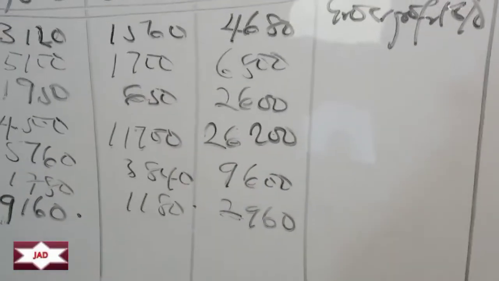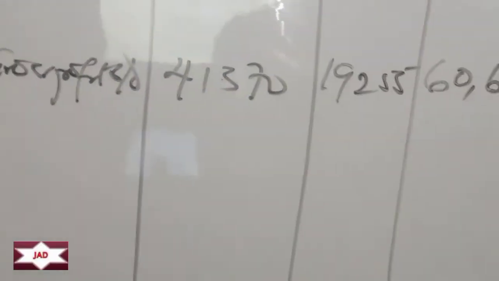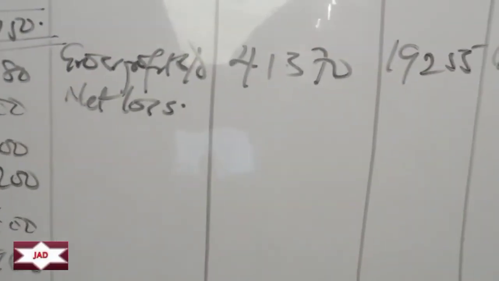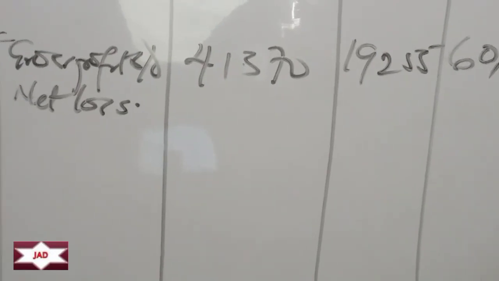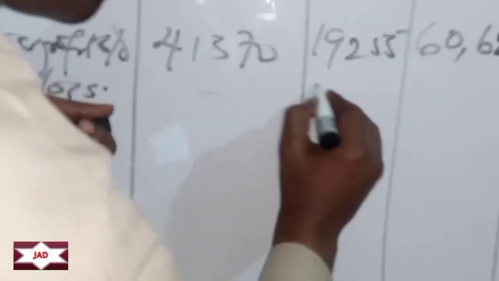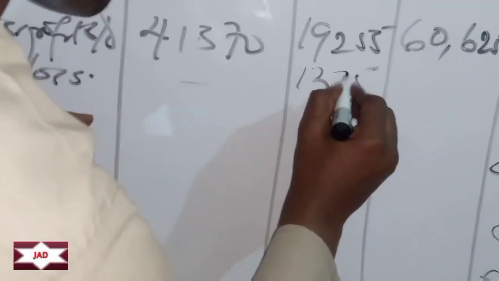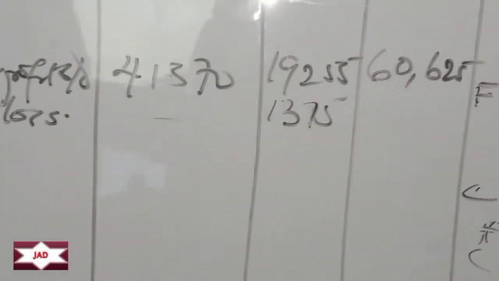So we have 10,630. 10,630 is higher than the clothing figure, so there's a net loss here. Net loss of 1,375. You see? Okay, so let's do the total column now.